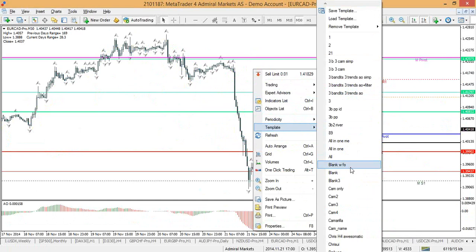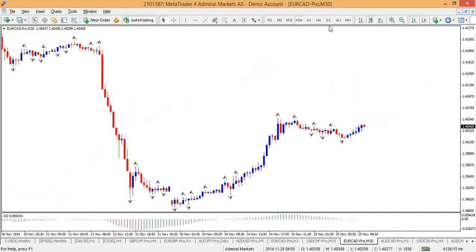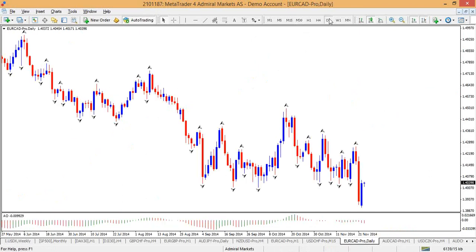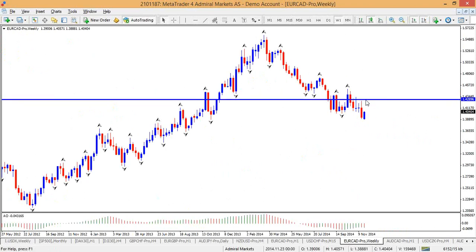Let me put on the different template. EuroCAD is not as easy at this point. Very bearish candles. Very bearish weekly candle. So last week's high is definitely going to be something to keep an eye on.